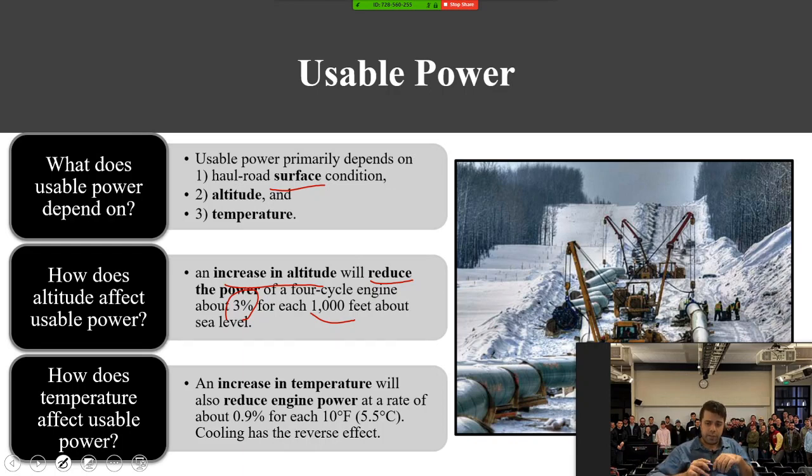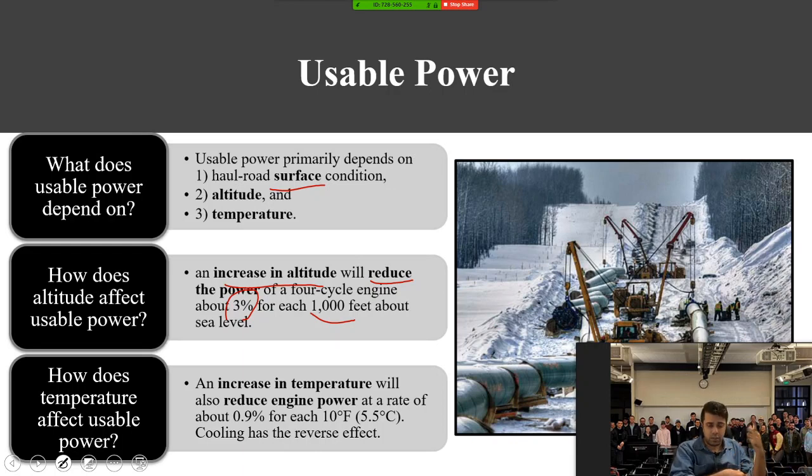So, for example, if the machine has a certain power at, let's say, 72 degrees Fahrenheit, and 72 changes to 92, sometimes this can happen in one day. In the morning you can get 72, and as it gets hotter at noon, it could easily get 92.